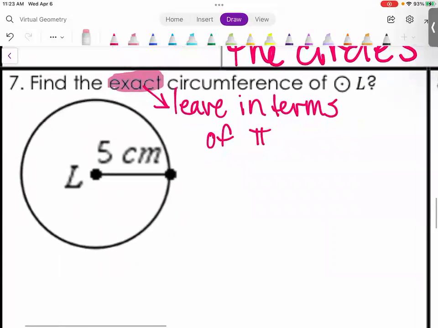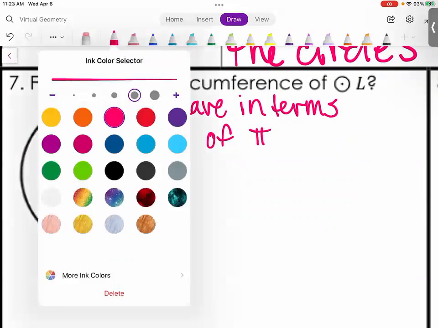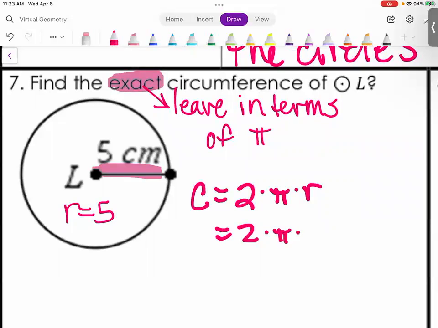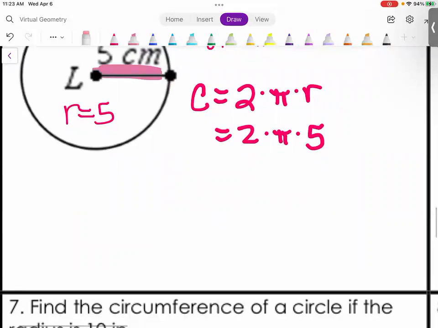Find the exact circumference of circle L. They've told me that my radius is 5. So my circumference should be 2 times pi times my radius, so 2 times pi times 5. Since it says exact, leave it in terms of pi.